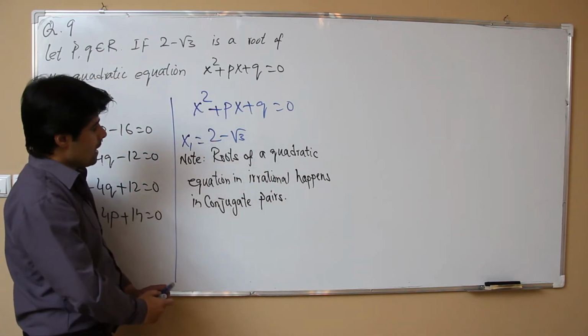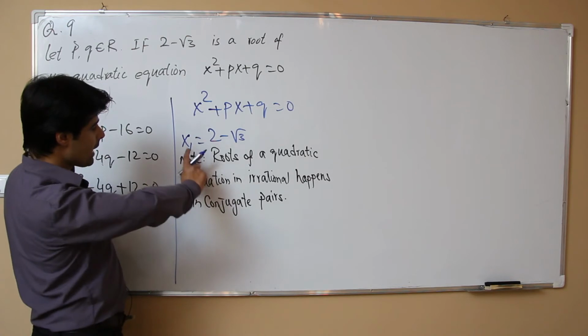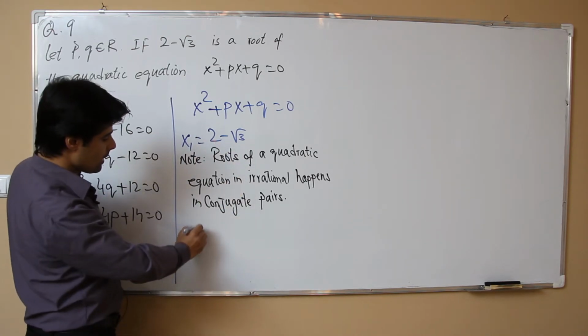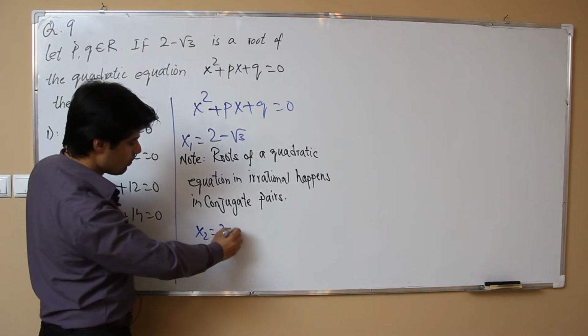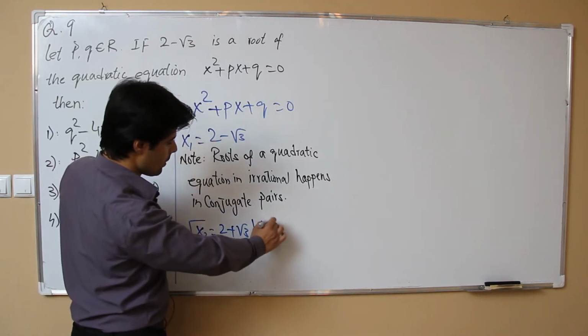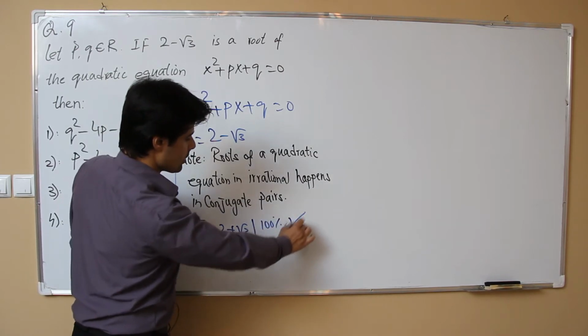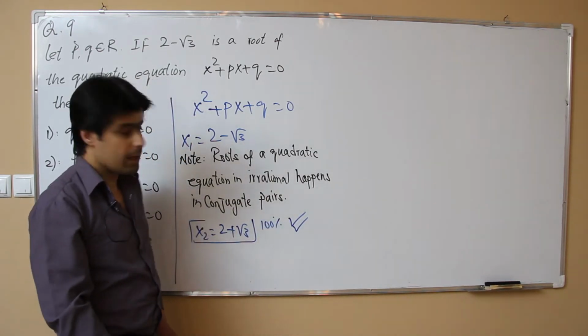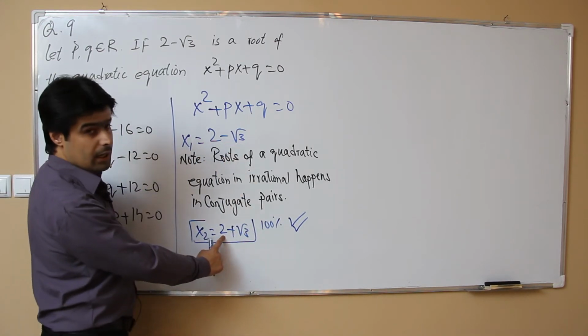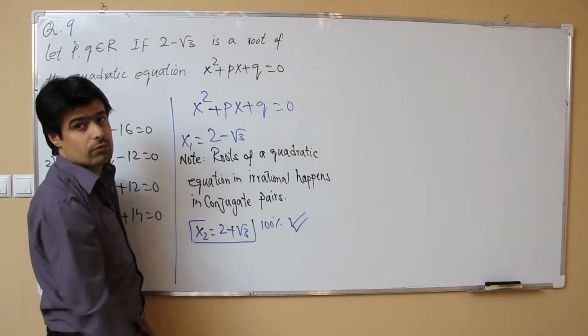It means if one answer is x1 equal to 2 minus root 3, the other answer is 2 plus root 3. It's always correct. If one answer is 2 plus root 5, the other answer is 2 minus root 5.